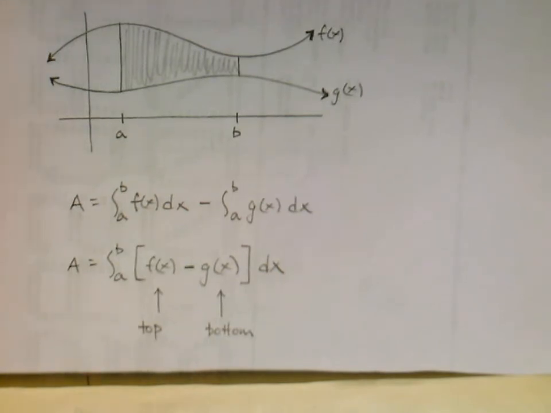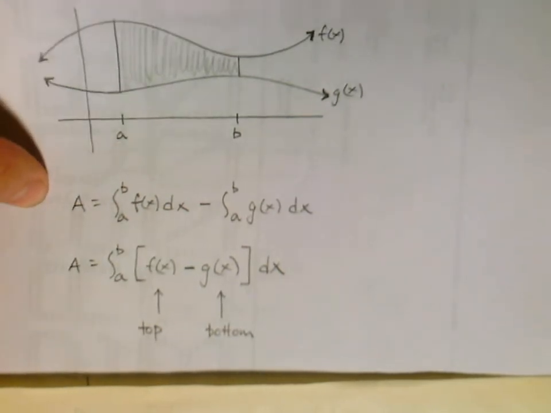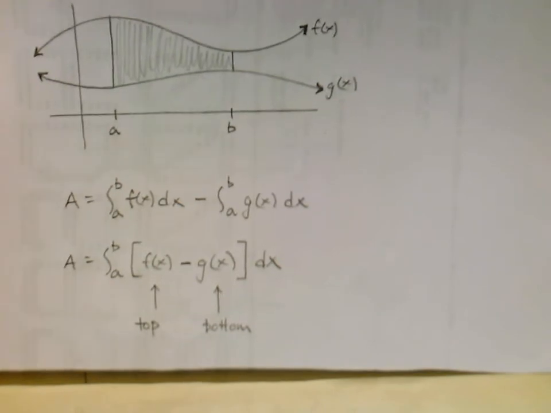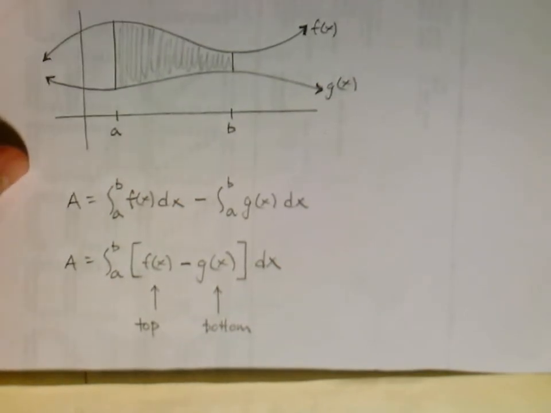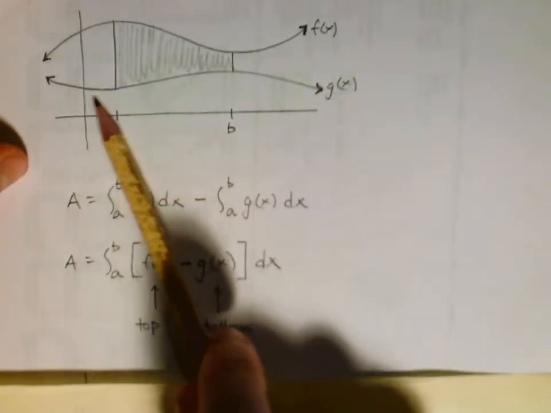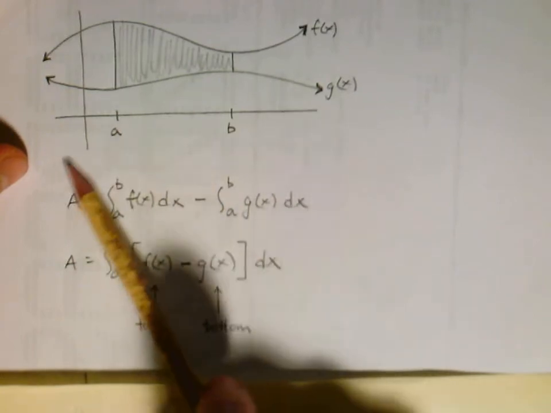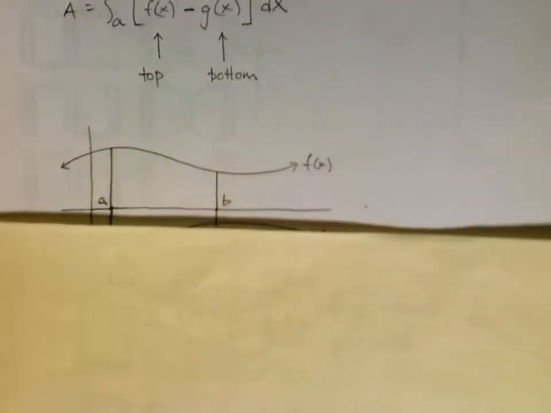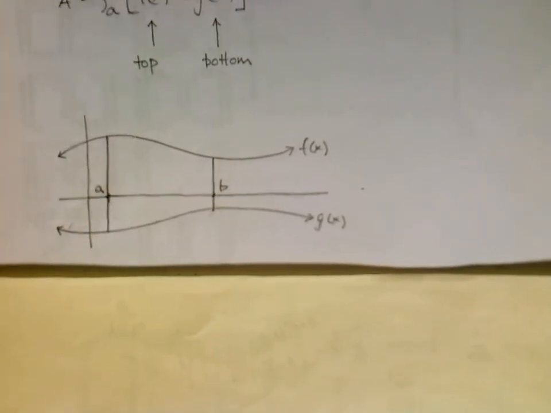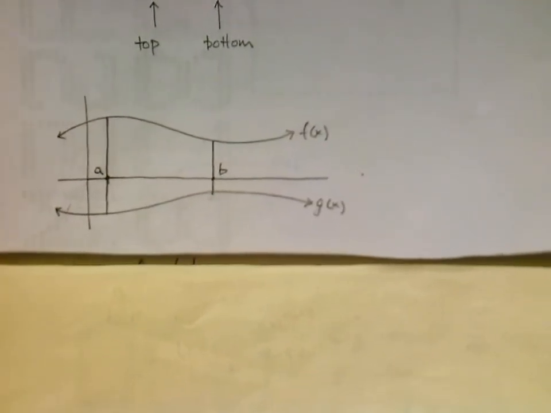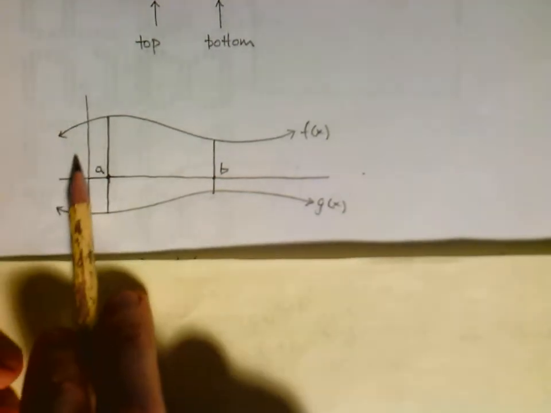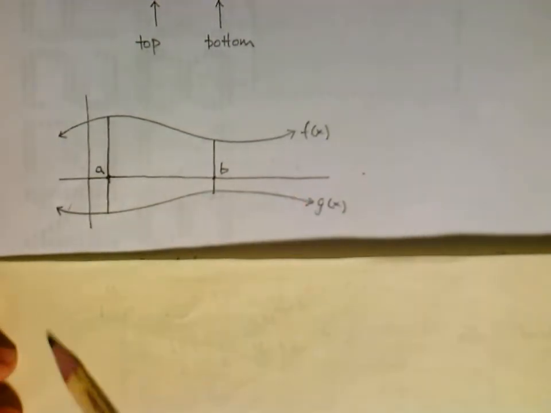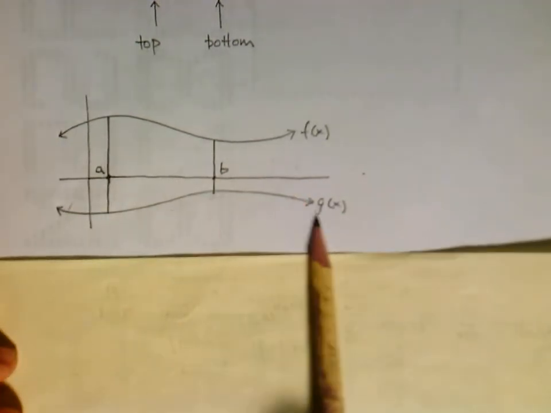Before we get into our first example, I want to present just another case. Sometimes people ask, but what if g of x is below the x-axis? Let's think through that. What if your drawing actually looks like this? So f of x is fine, it's all positive, no big deal. But g of x actually falls down here.